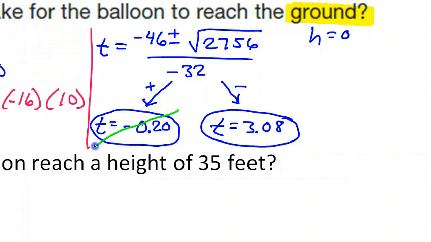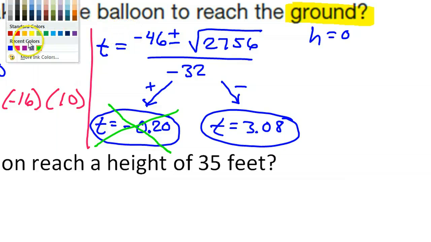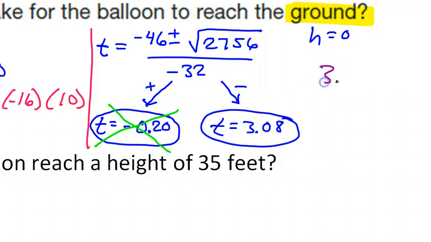So this solution is extraneous, so just ignore that. Only use the positive one. So they must be talking about a time of 3.08 seconds. That's the time when the height was 0. That's the time when the balloon hits the ground. Okay, so that's the final answer. 3.08 seconds.